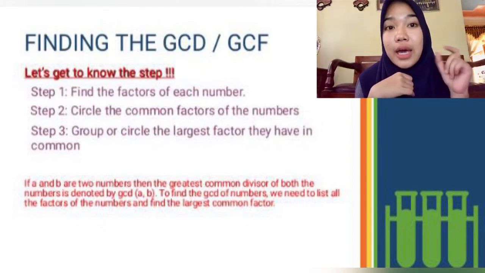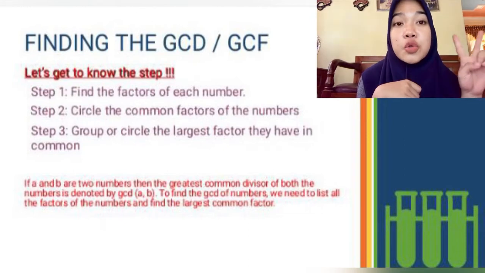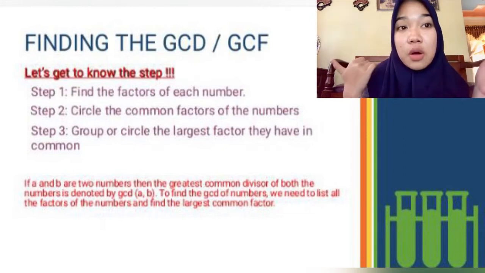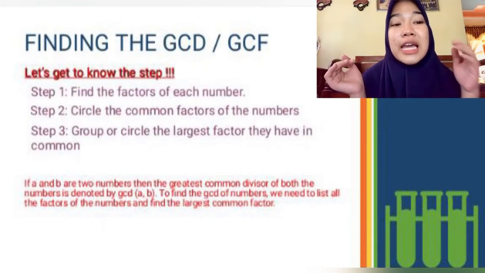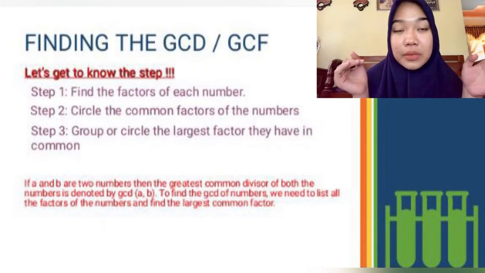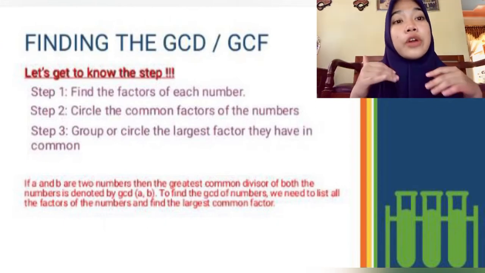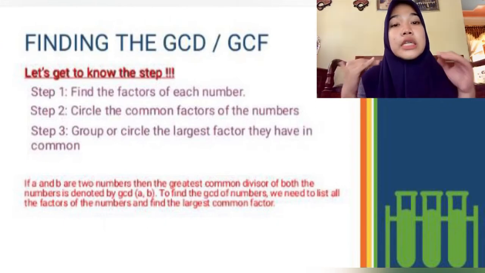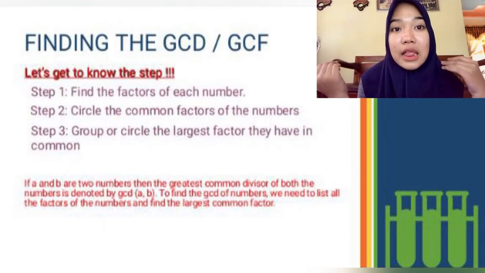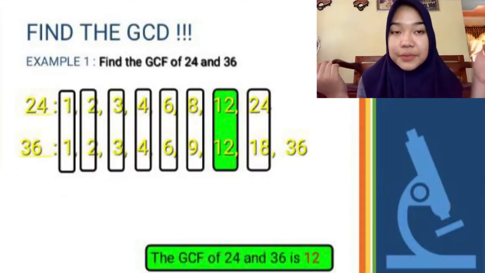If A and B are two numbers, then the greatest common divisor of both numbers is denoted by GCD. To find the GCD of numbers, we need to list all the factors of the numbers and find the largest common factor.